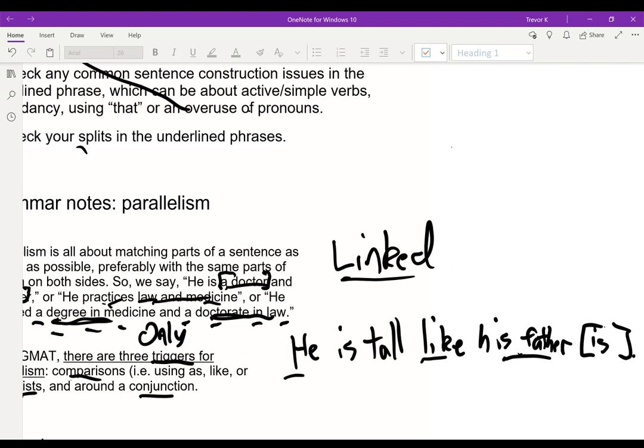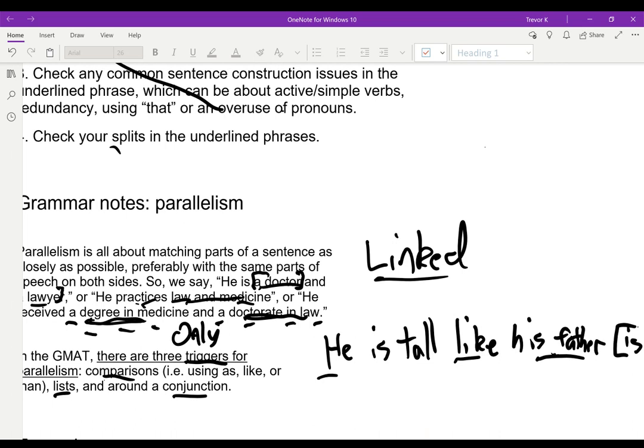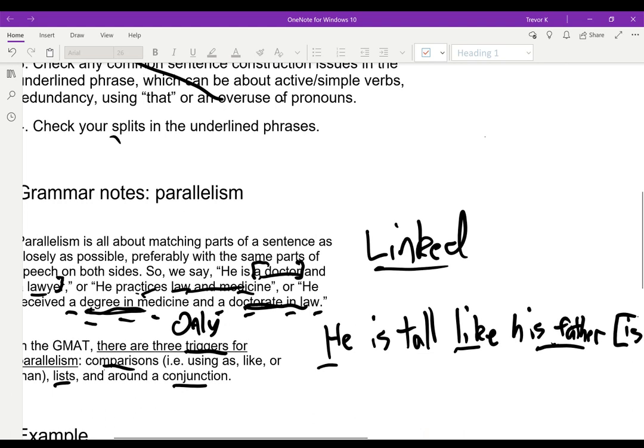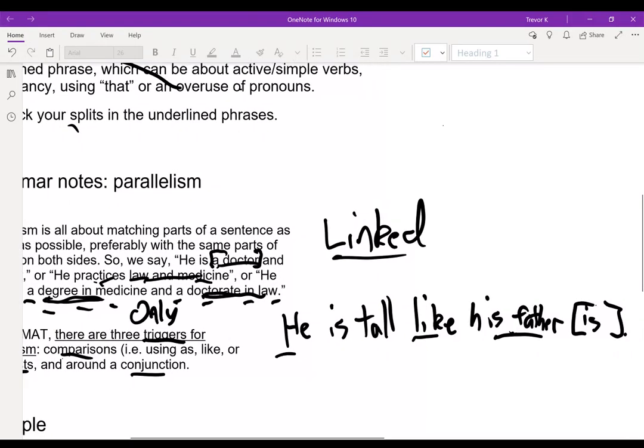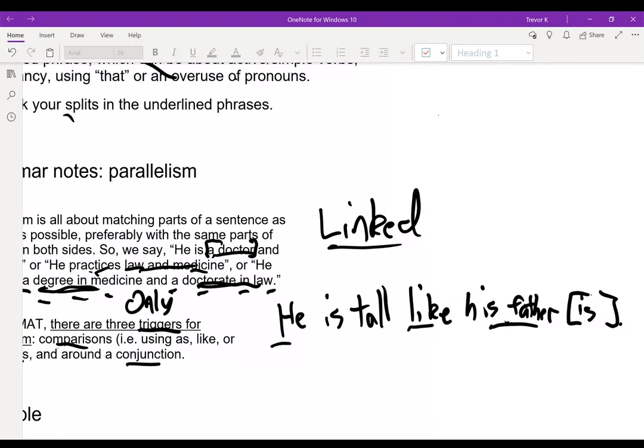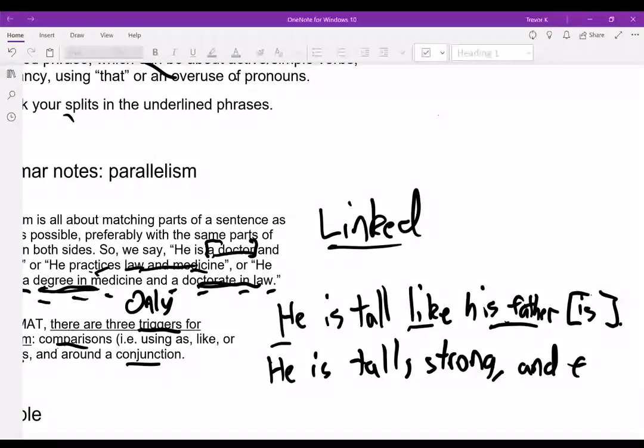Now, I also need parallelism in a list. Why do I need parallelism in a list? Because it makes it clear that those things are in fact in a list. So for instance, I'd say he is tall, strong, and fast, right?